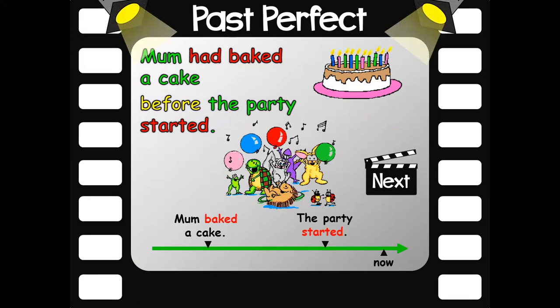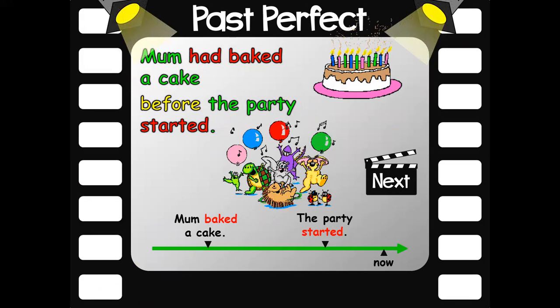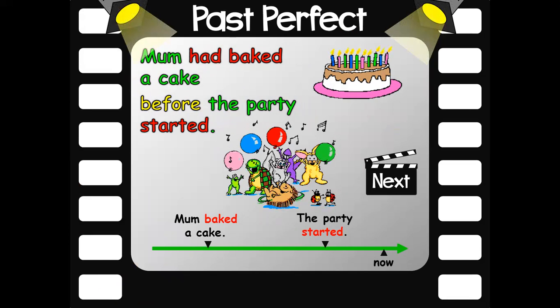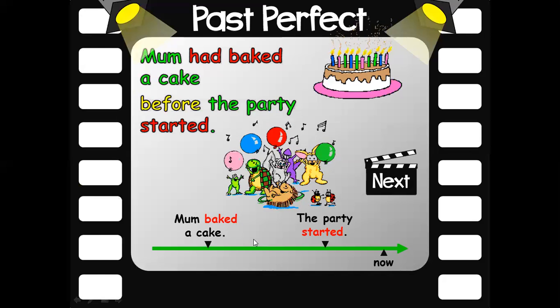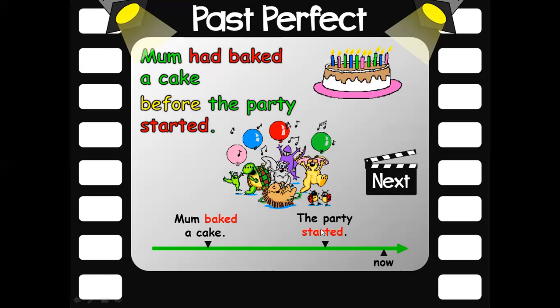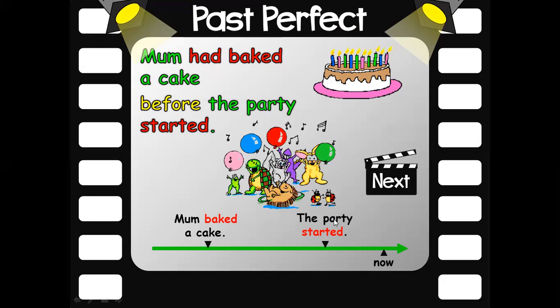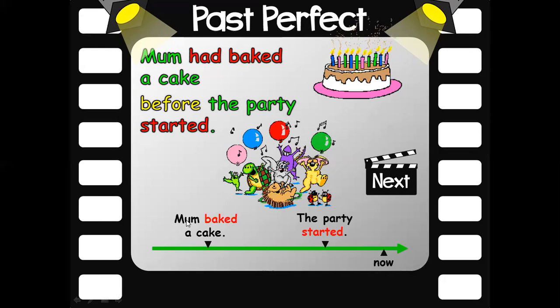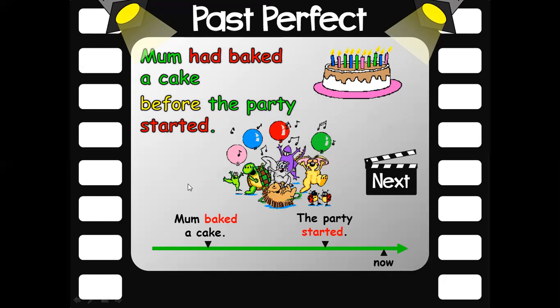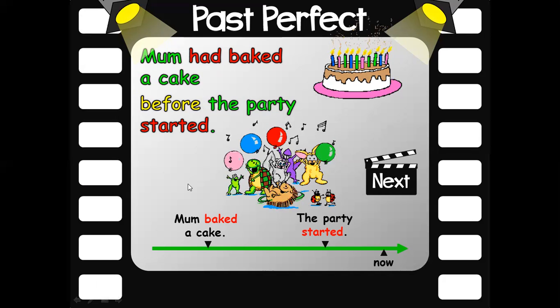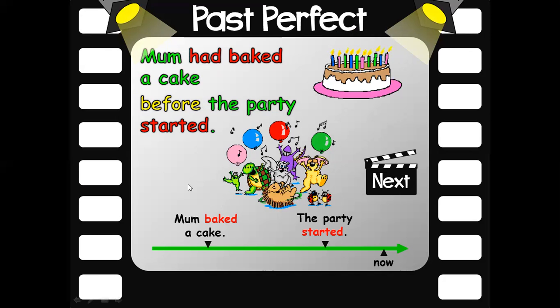Both of them are in the past, but one of them happened before the other. The first action is Mom baked the cake, but after that the party started. So the first action is put in the past perfect, which is had baked, but the second action is still in the past simple.